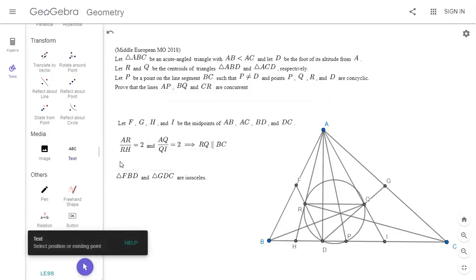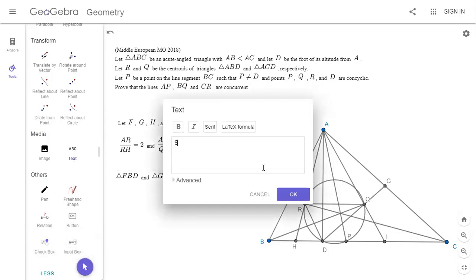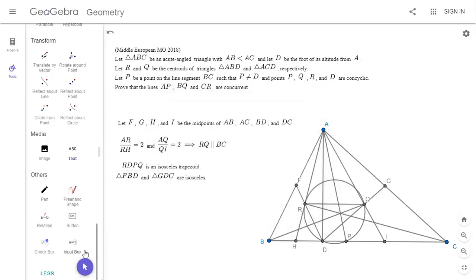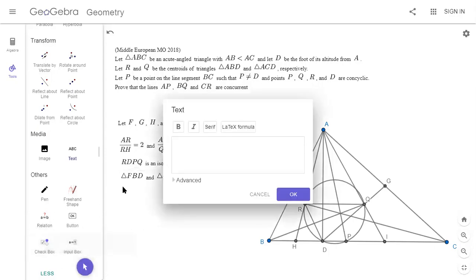So yeah, let me write above this that RDPQ is an isosceles trapezoid. All right. So since those are both isosceles, we can take advantage of that.